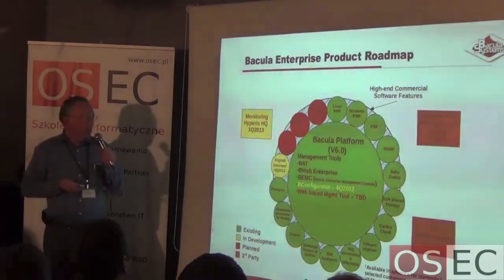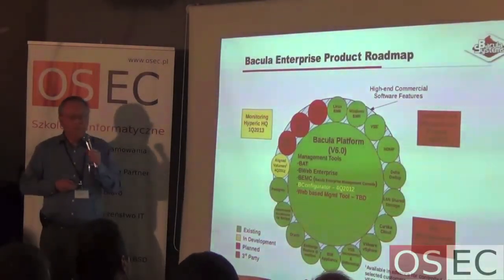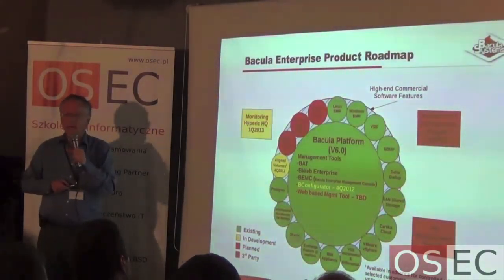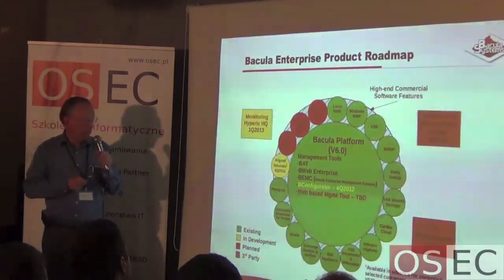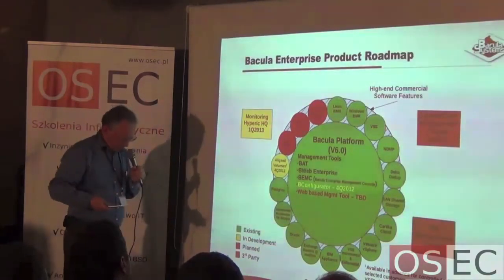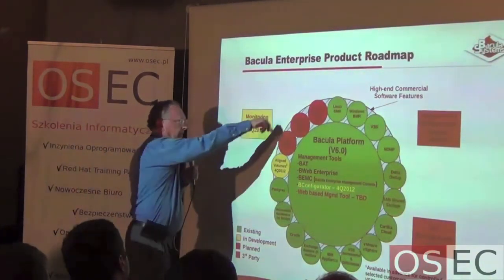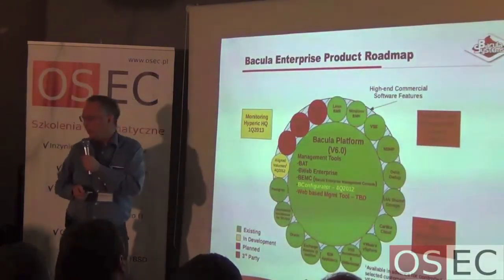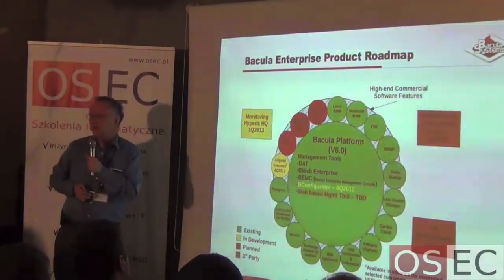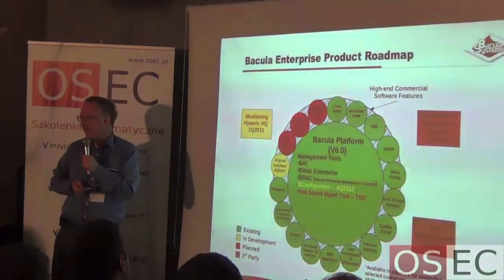So, this shows the basic Bacula Systems strategy, and it's a little hard to explain without a pointer, but the basic idea is that this big bubble with the hash marks in a blue-gray color represents high-end commercial software.